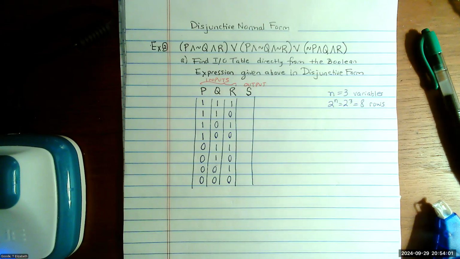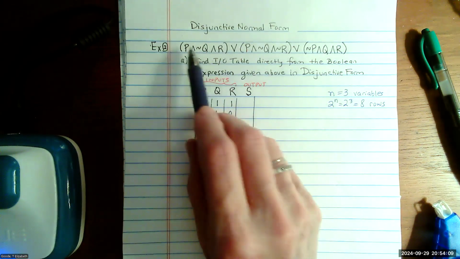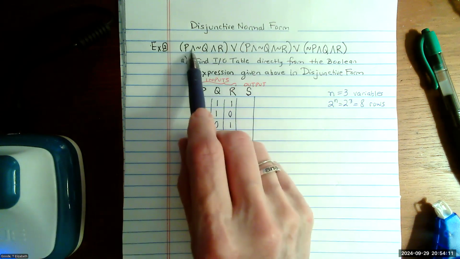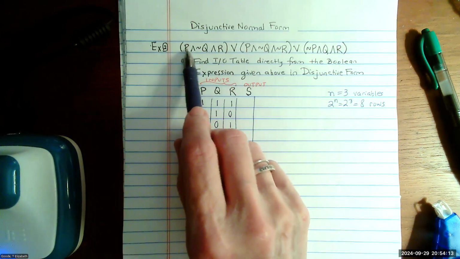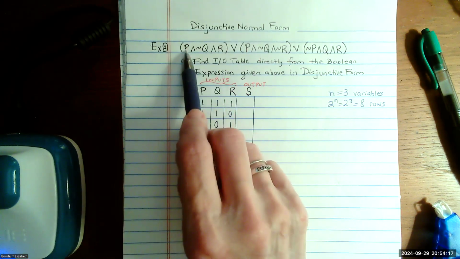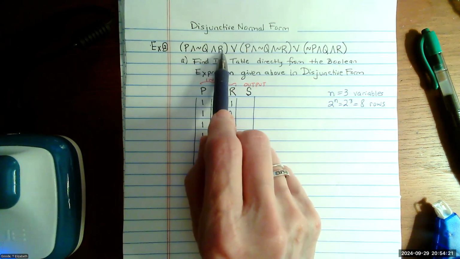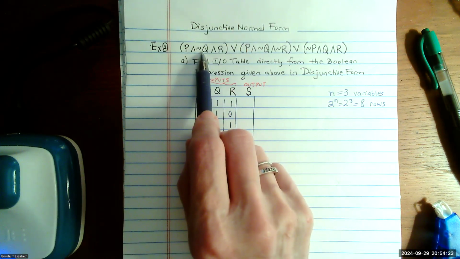What I do know is that the Boolean expression at the top, those 3 terms represent what's going to be hot, and everything else will be cold. That's right. So P and not Q and R is actually saying P is hot and not Q is hot and R is hot. But what does it mean if not Q is hot?